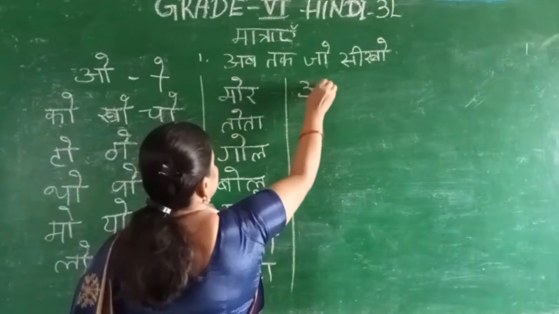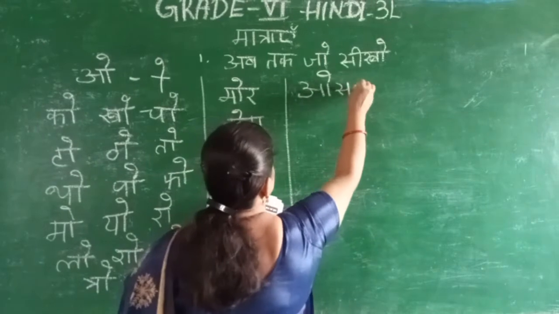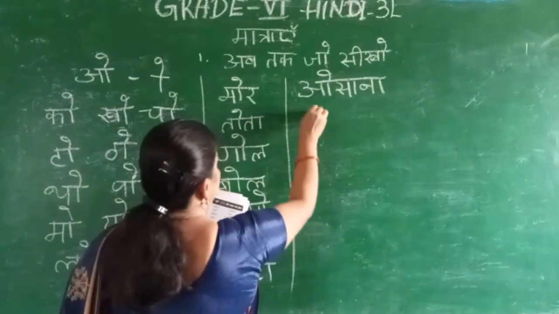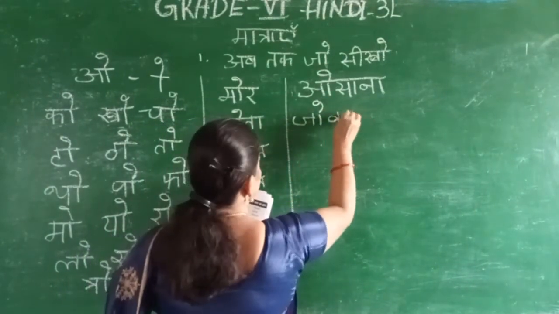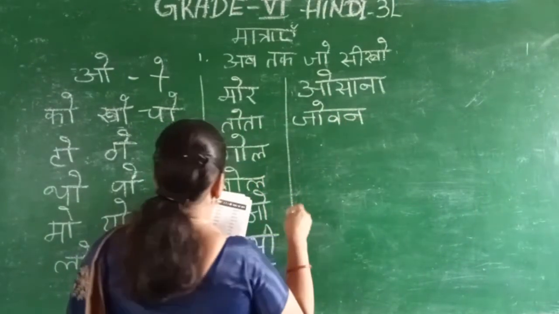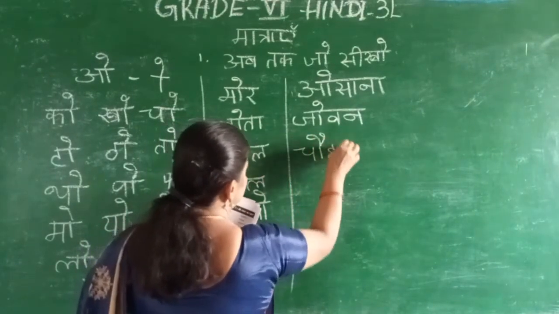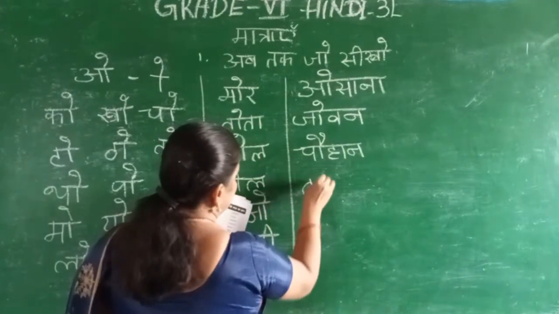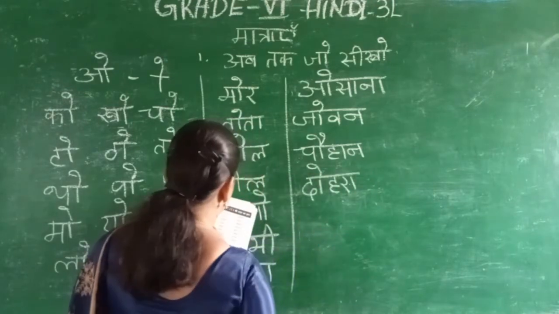First one, Osana. And Jovana, Jovan. Chauhana, Chauhan. Dohara.